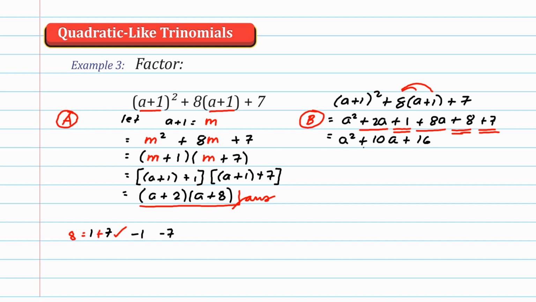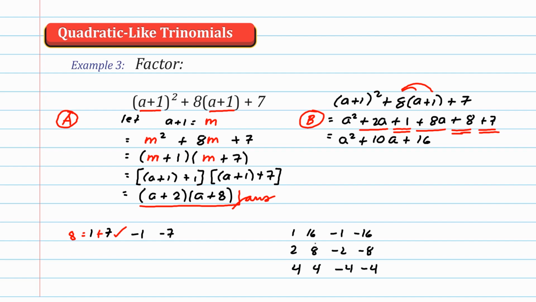Notice we now have a trinomial with leading coefficient equal to 1. So we solve like ordinary solving. We write all the factors of 16. So let's write them here. 1 times 16, negative 1 times negative 16, then 2 times 8, then negative 2 times negative 8. Then 4 times 4, negative 4 times negative 4.